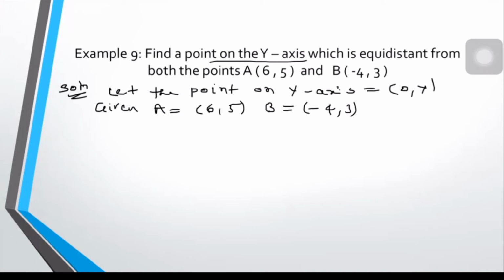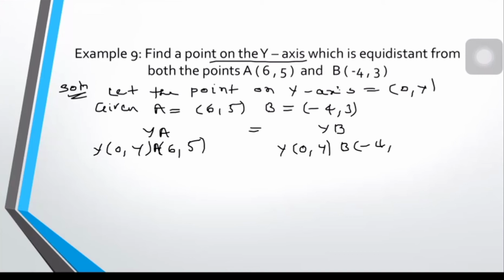After simplification we will get the y value. So YA is equal to YB. Y point is (0, y), A point (6, 5), B point (-4, 3).